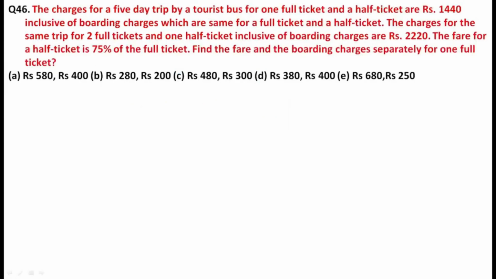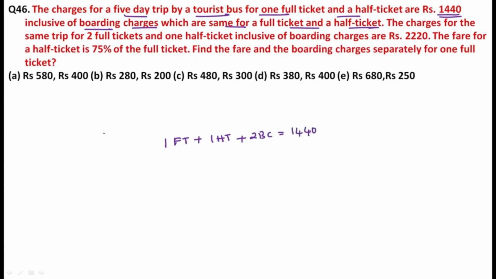Next, you can see the charges of a 5-day trip by a tourist bus for one full ticket and one half ticket is 1440. It includes boarding charges, the same for full ticket and half ticket. Now see, one full ticket, one half ticket plus two boarding charges, the price becomes 1440.